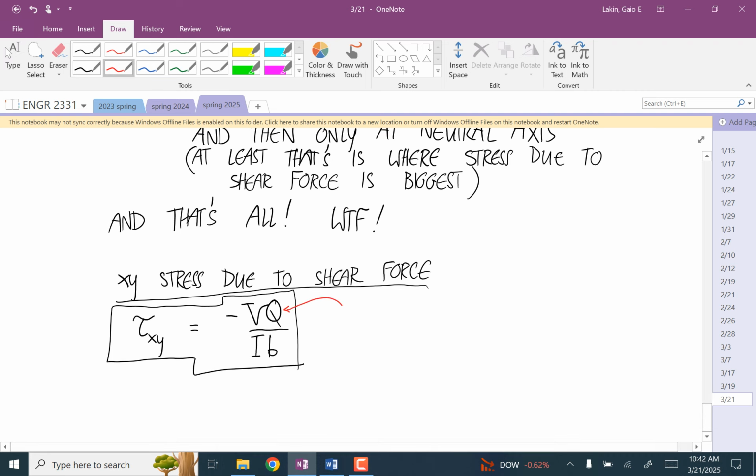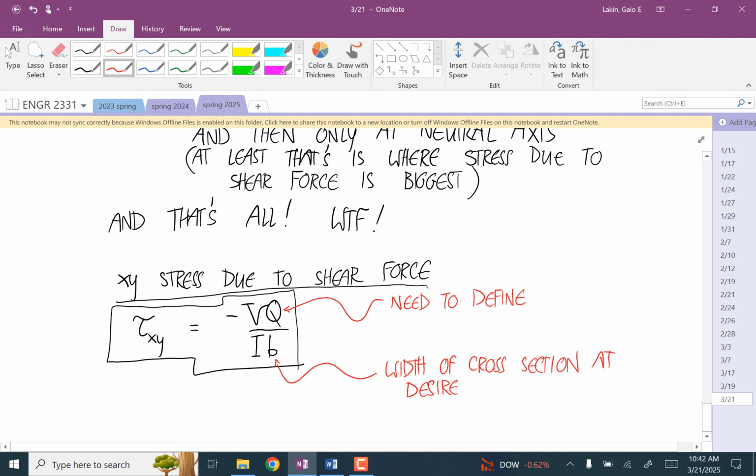This Q, we still need to define that. This B is the width of the cross section at the desired height on the cross section.